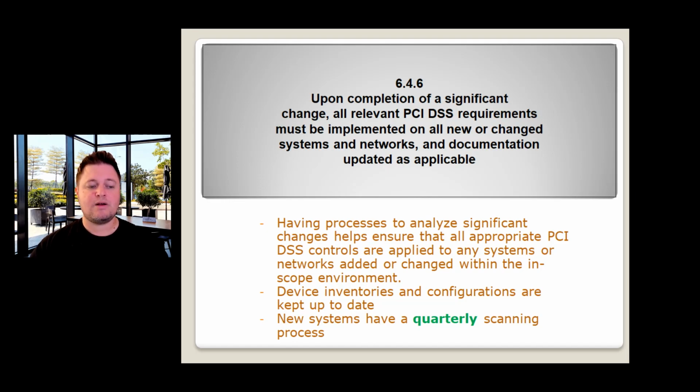That kind of stuff. New systems have a quarterly scanning process. Now, normally you would scan the system on an annual basis. That's the key word, annually. Most of these are going to be annually. However, any new systems that you introduce into the network, into the environment, have to be scanned on a quarterly basis.